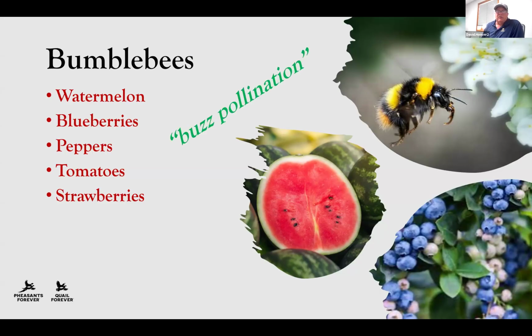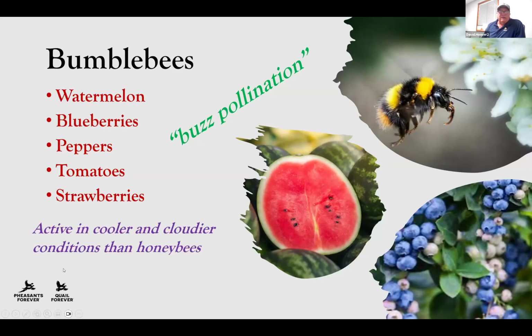Some of it is related to their buzz pollination, which means when they land on a plant and they're actively trying to get nectar, they vibrate their body, and that really shakes loose the pollen and helps them access nectar that may be difficult to get to otherwise. And so their whole body just gets coated with pollen depending on the plant.